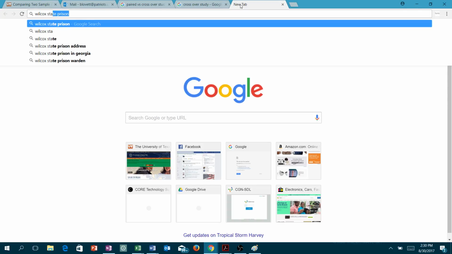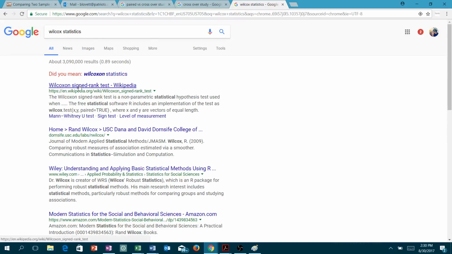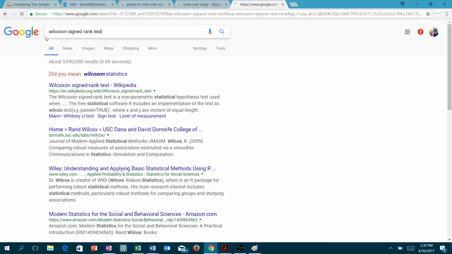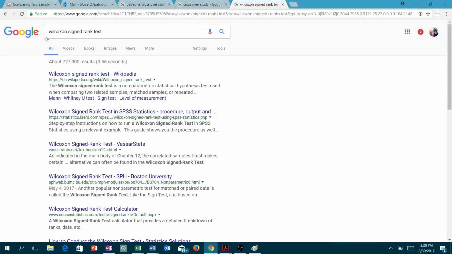So if you're reading an article and they say we use t-test to compare the means, it automatically means that these are two independent samples. If they were paired samples or matched samples, they would have to say we used a paired t-test. But if they just use t-test, it means that it is unpaired or two independent samples.